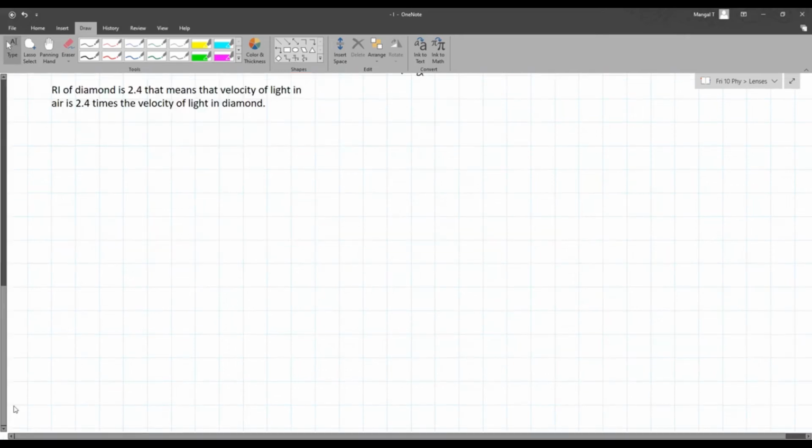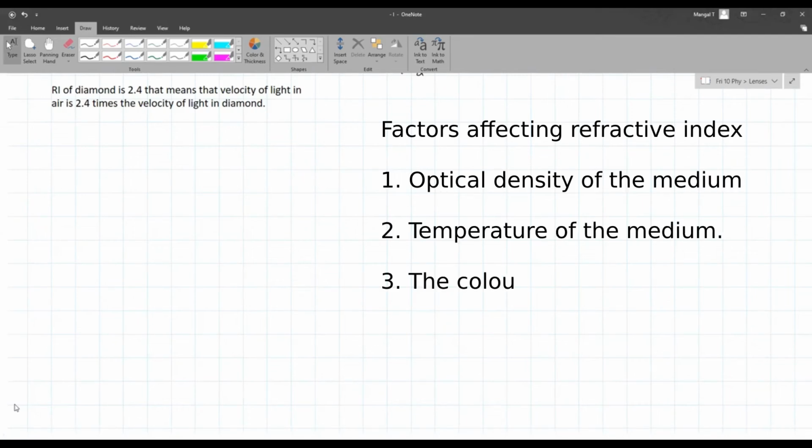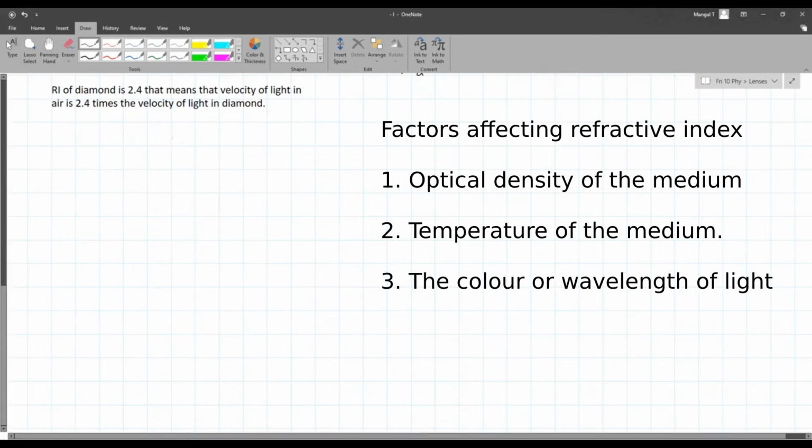There are factors affecting refractive index. One is the nature of the medium. As I already told you, it's optical density. The more the optical density, the more the refractive index. Then you have physical conditions like temperature. With an increase in temperature, the speed of light in the medium increases. The refractive index of diamond is the velocity of light in air upon the velocity of light in diamond.